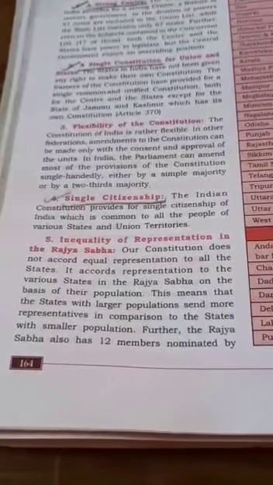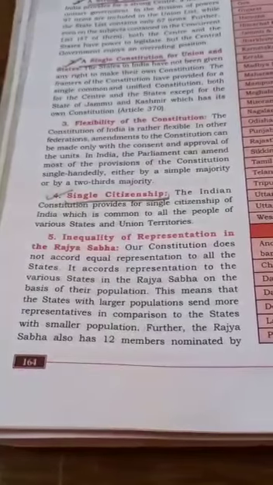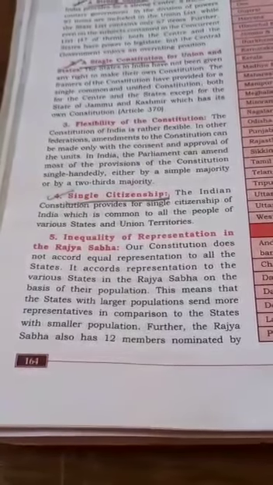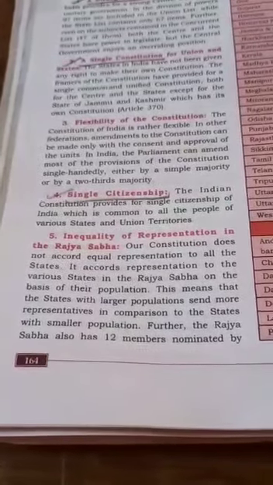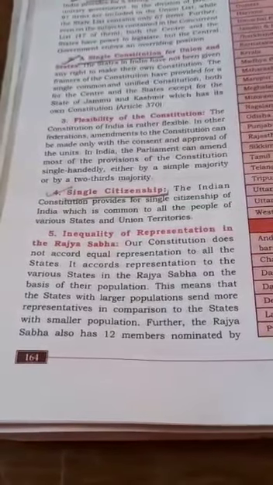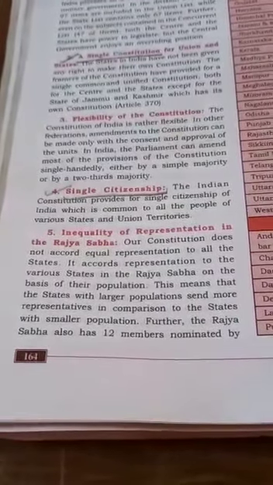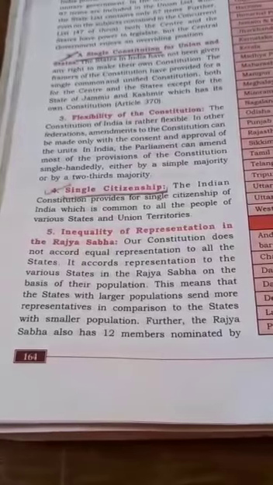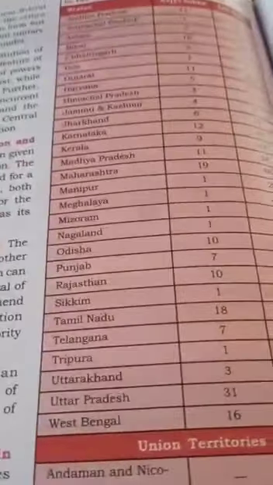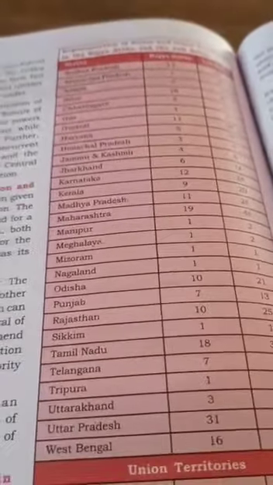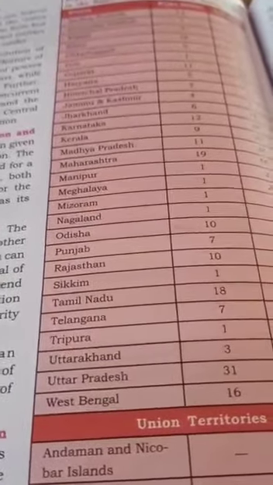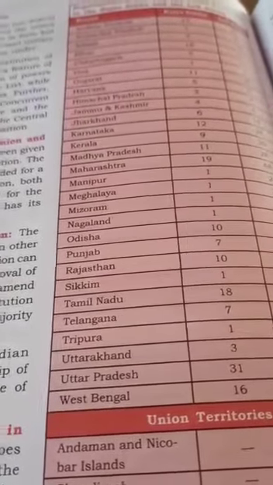Inequality of representation in the Rajya Sabha. Equal representation is not there. From the different states, according to the state population and according to the area, the members are coming. Just go through the chart. You will find that in Andhra Pradesh, 11 members are coming to Rajya Sabha and 25 to Lok Sabha.